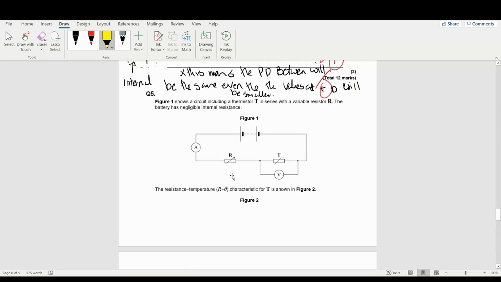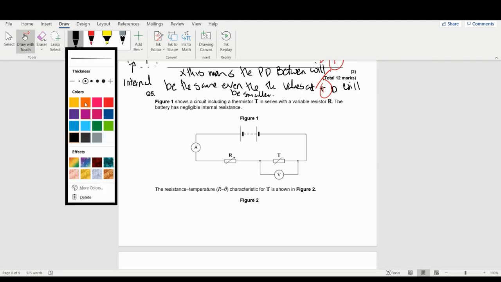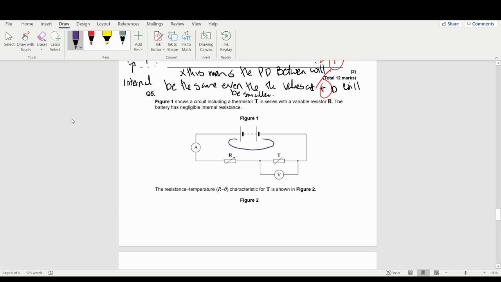So what's actually happening is this thermistor, this one here, is going to stay the same, and this one is going to increase. Kirchhoff's laws as per usual. So if I just grab a different colour, going around here, I know that the voltage on the resistor plus the voltage on the thermistor equals the total voltage.